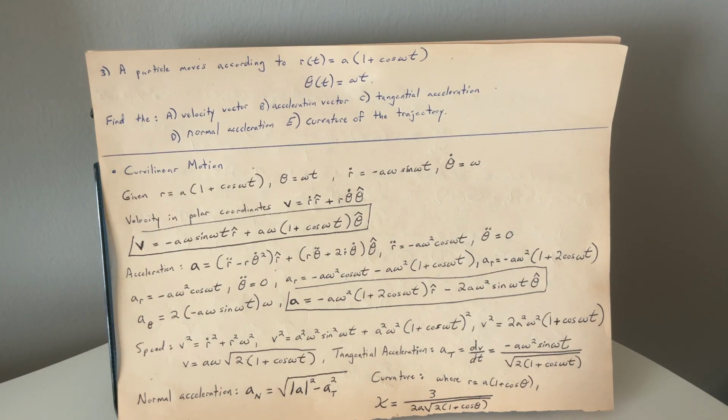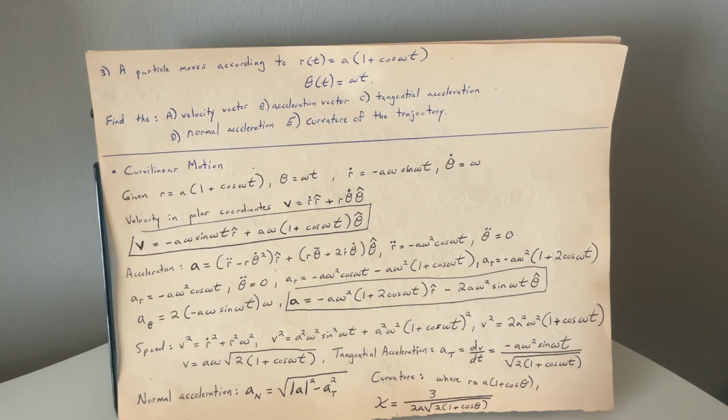Okay, so for this curvilinear motion problem, we're given r equals a times the quantity 1 plus cosine omega t. So theta equals omega t, and r dot equals negative a omega sine omega t, and theta dot is going to equal omega.